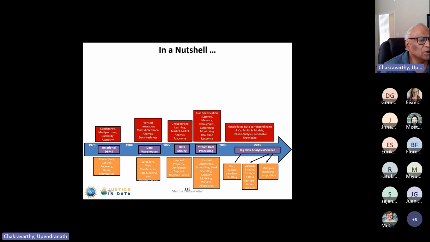Then came data warehouses, vertical integration of multiple data sources into a useful database, multidimensional analysis. And one of the challenges was how to keep the data fresh. If you are collecting data from multiple sources, you have to make sure that data is not old. And it's still a problem today if you think about what Google does.